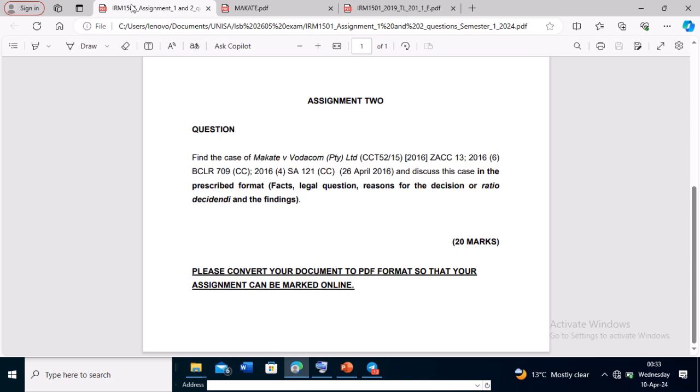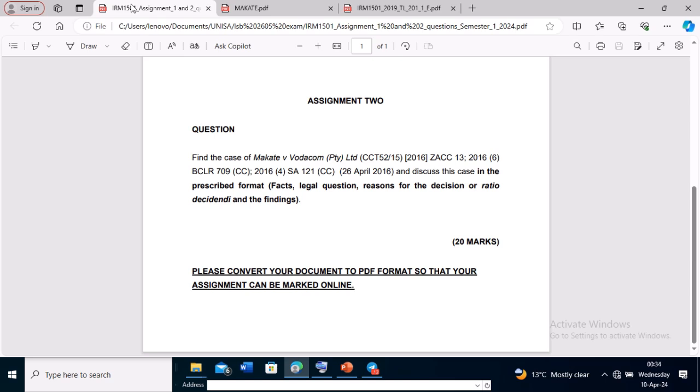Looking at assignment 2 of semester 1 in 2024, it stated: first find the case of Makate versus Vodacom, and then discuss this case in the prescribed format.